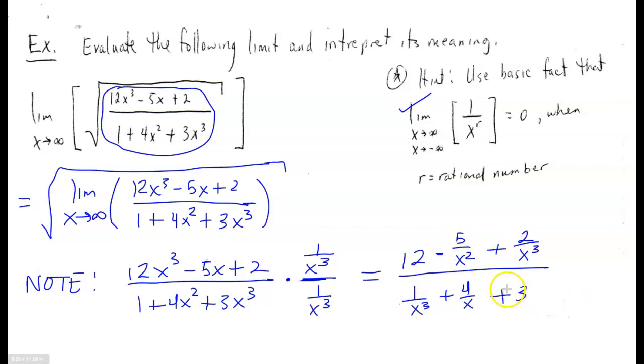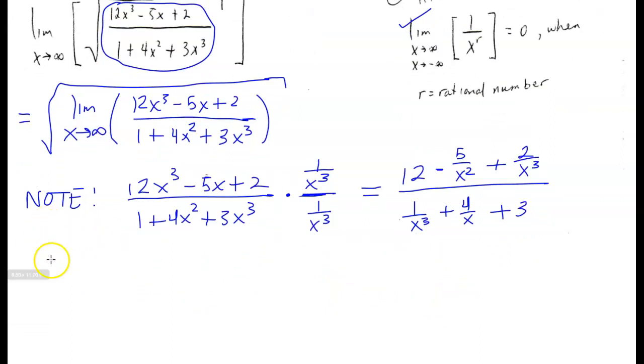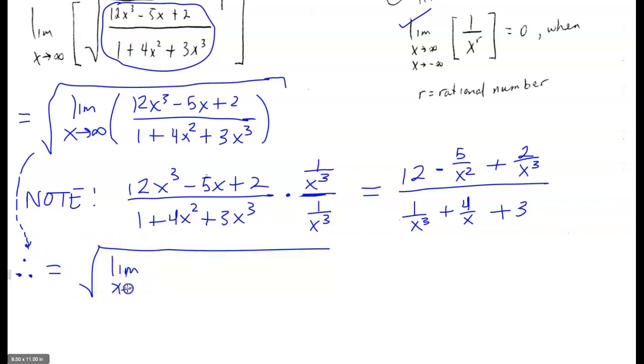And my limit laws will also tell me that if I'm taking the limit of the sum or difference of functions, I can just take the limit of each term separately. I'm saying all this because I'm going to skip some steps here just to save time and space. So therefore, I'm just going to come down here, and now we're going to say that this is going to be, and I'm going to rewrite it like this now.